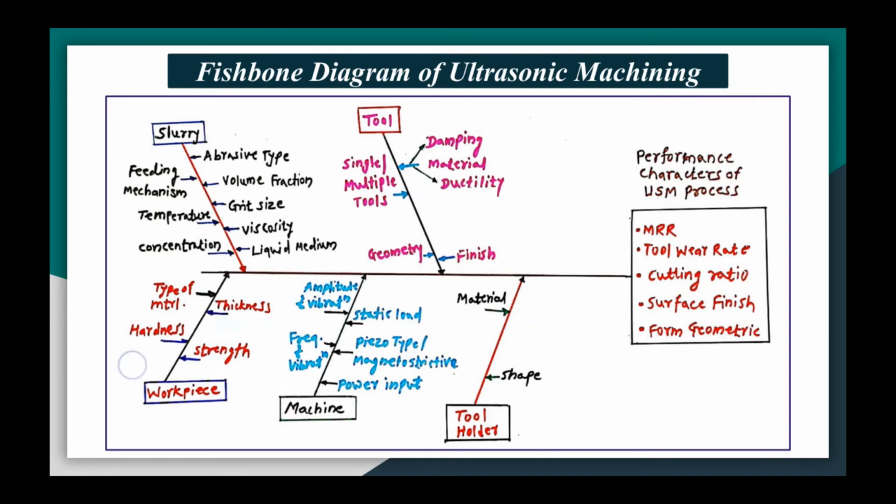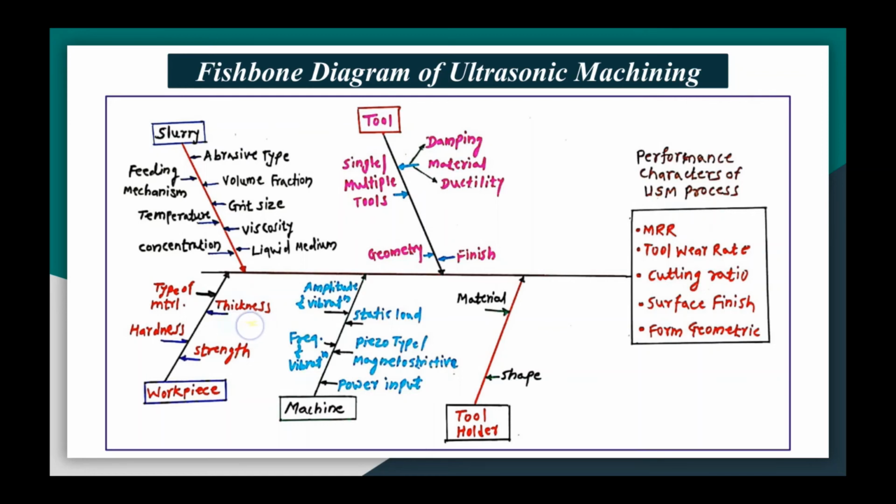Okay, then another process parameter is the workpiece properties. What is the type of the workpiece material will also affect the selection of the process parameter. What is the hardness of the workpiece material should be considered, because according to the hardness of the workpiece you have to select the type of the abrasive particle.